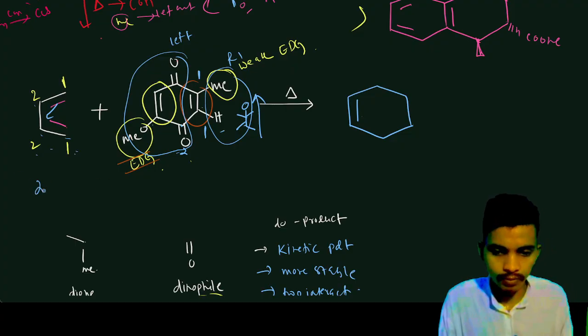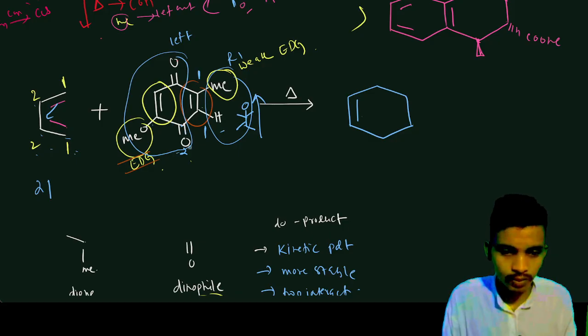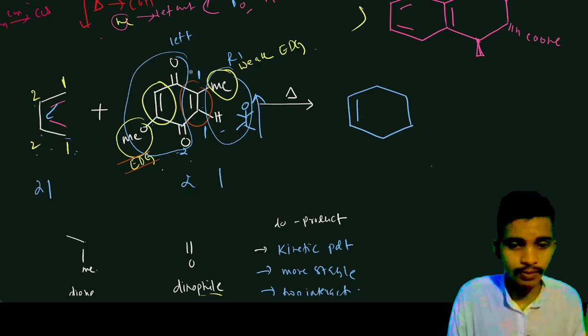This is 2 1 and this is also 2 1. So 2 1, 2 1, no change in stereochemistry. If it is left, it remains left, and if it is right, it remains right.